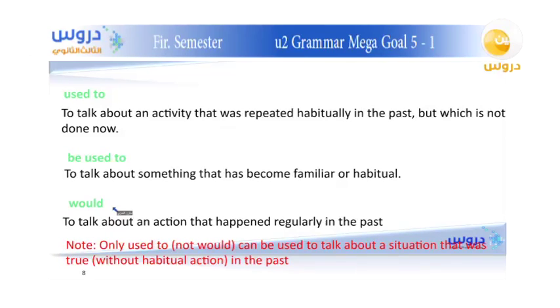This is something that could happen in the past, but it didn't happen. Or if you want to talk about an imaginary situation, a situation that is not real. So you can say, if I were you, I would do this, this, and this. So this is not real and this is not happening. So this is when you can use would.